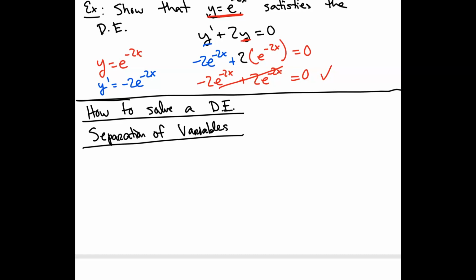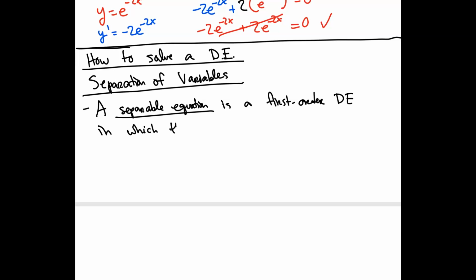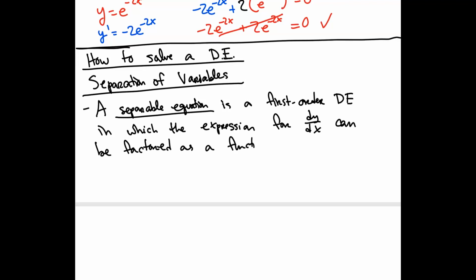Okay, and the whole thing about separation of variables is the following. A separable equation is a first order differential equation in which the expression for dy over dx can be factored as a function of x times a function of y.